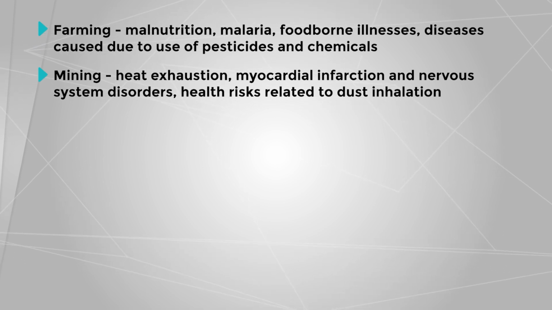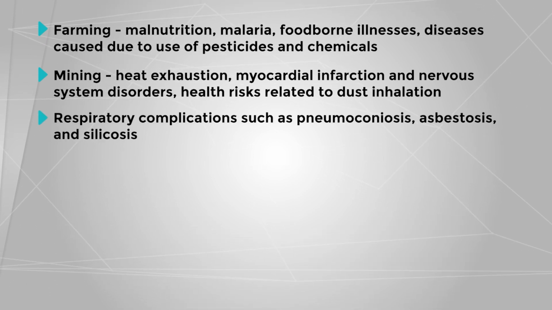Studies of surface mining focus on coal, granite, and rock mining and health risk related to dust inhalation. The negative consequences of mining for human health include respiratory complications such as pneumoconiosis, asbestosis, and silicosis caused by inhaling fine particles from the large amount of dust generated by mining activities such as blasting and drilling.